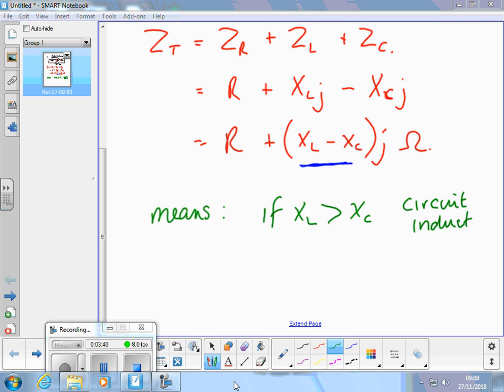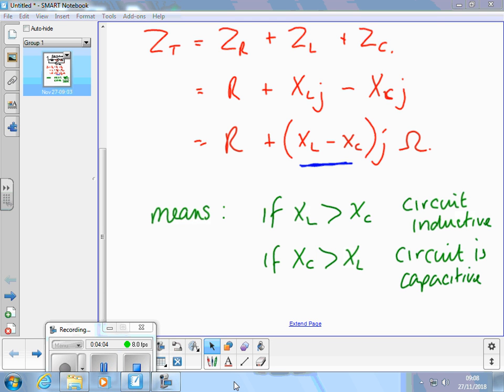We'll draw the diagram, we'll see that in a minute. If XC is greater than XL, whether it shows up as leading or lagging will depend on the overall nature of the circuit.